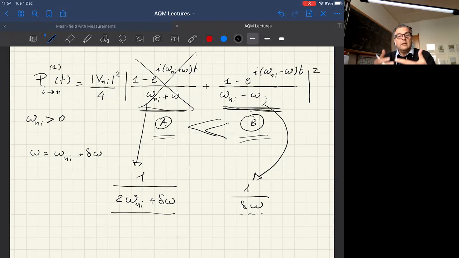So also here the system responds to an external perturbation in a very sensitive way, depending on the applied frequency getting closer and closer to the natural frequency. This is a resonance phenomenon. The system is resonating with the external frequency when the external frequency is close to its natural frequency.